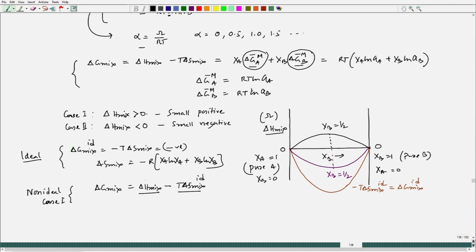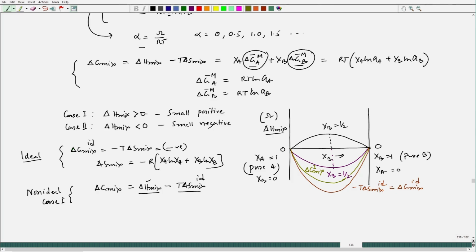But if this value is small positive, as what we have drawn here, then the combination would make the del G mix negative all the time, but it will lift up compared to del G mix ideal. So, that plot would be like this. So, this is nothing but delta G mix, let's say case 1.